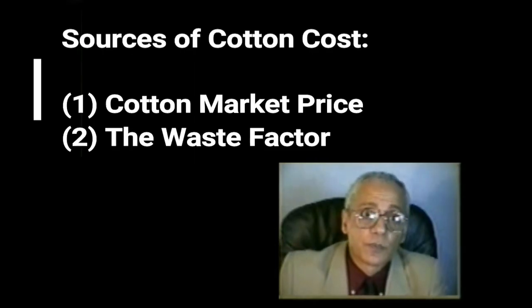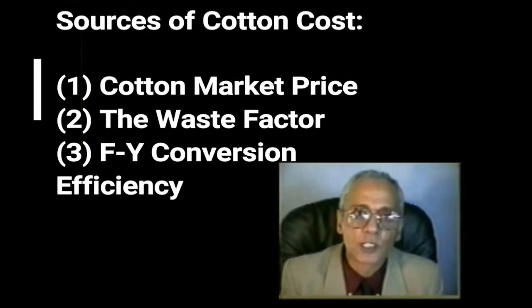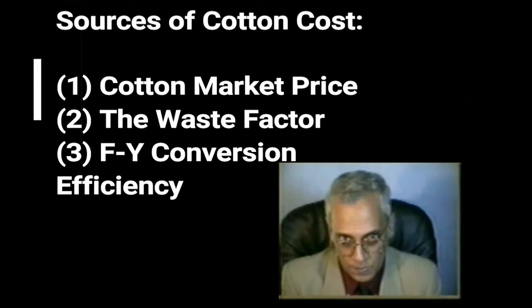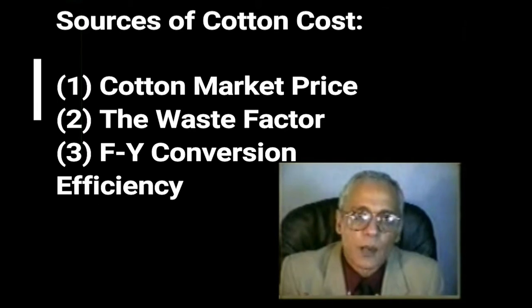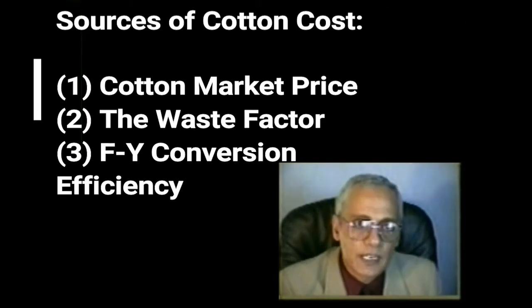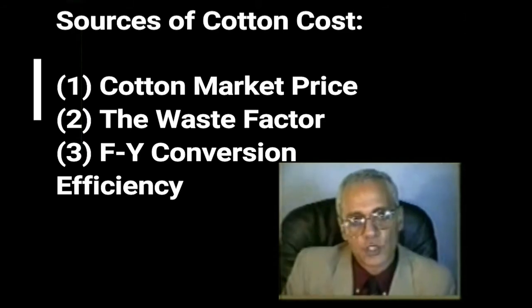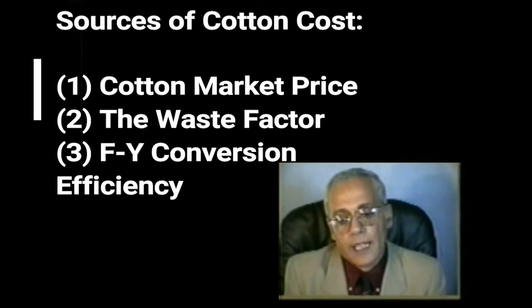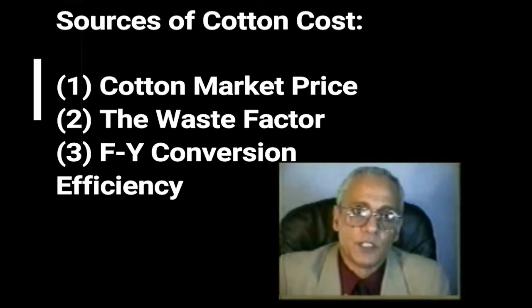The other source, which not many of us think about that much, is the fiber to yarn conversion efficiency. We need to ask ourselves whether we are really utilizing the raw material into a yarn to its ultimate potential. To give you an example that many spinners are familiar with, look at the strength ratio.